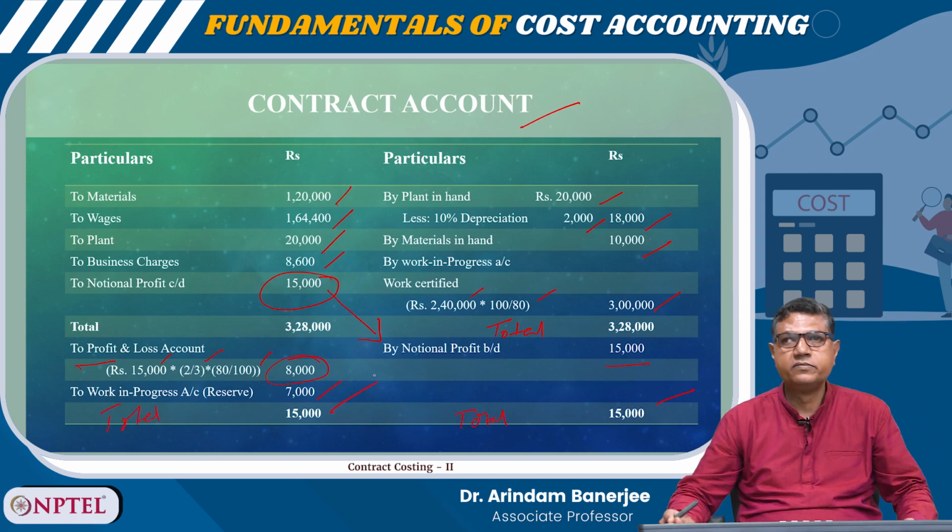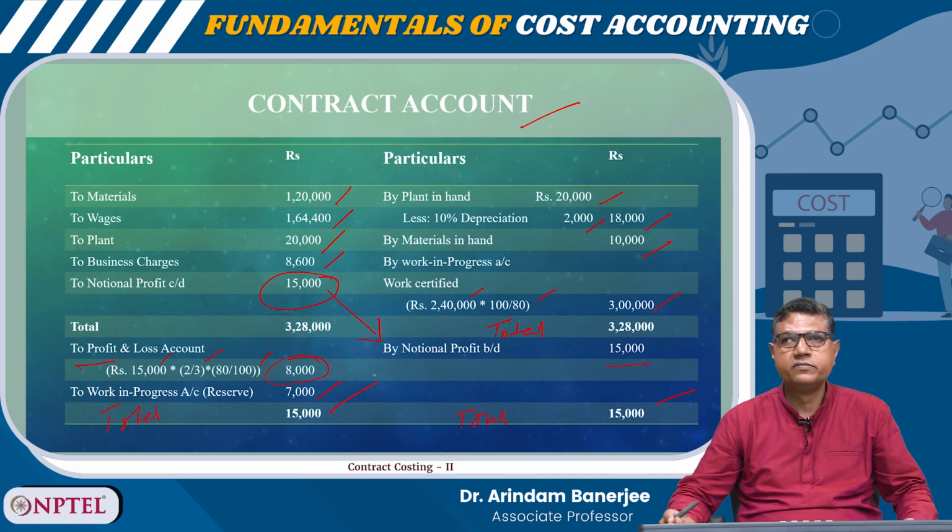We can do it like this. We can open one contract account. So, material sent to site is given as 86,000. You can see here, from here this figure is coming here, 86,000. Labor including outstanding is 65,300. So, labor is 65,000 here, right, plus outstanding wages of 300. So, the total is 65,300.